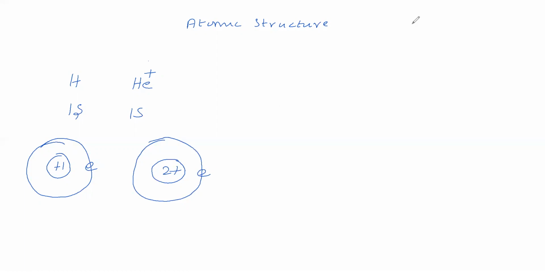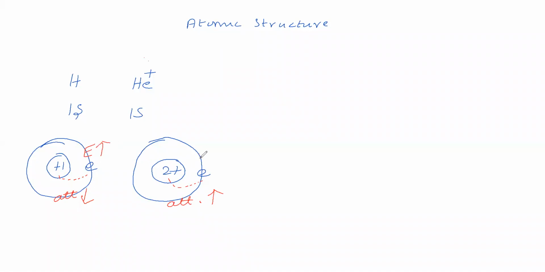Next, the proton is attracting this electron. Here also the nucleus is attracting the electron. Here 1 proton is attracting the electron, and here 2 protons are attracting the electron. So the attraction is less in one and more in the other. Less attraction means the energy of the orbital is more.